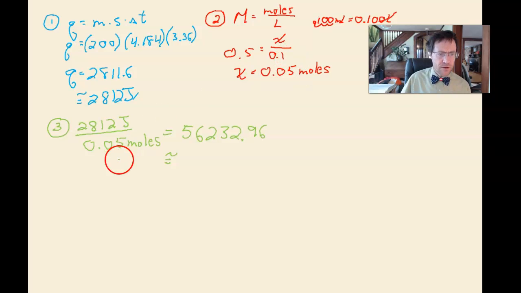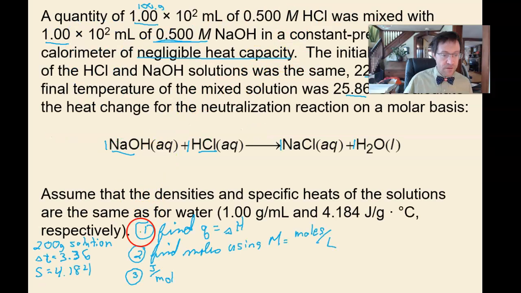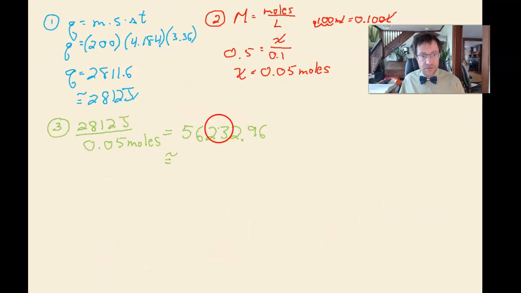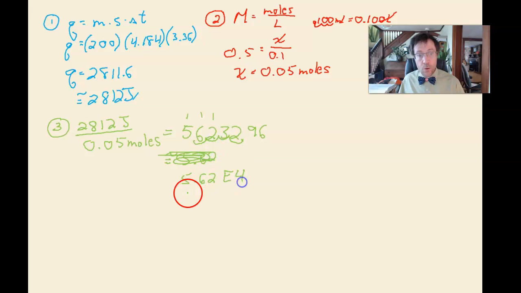Oh, how many significant figures do I have in my molarity? That's a good question. Let's go check that out. 0.500. So that's going to be 3. I'm going to have to round this to 3 significant figures: 5.62 times 10 to the 4, or I could write 56200 joules per mole.